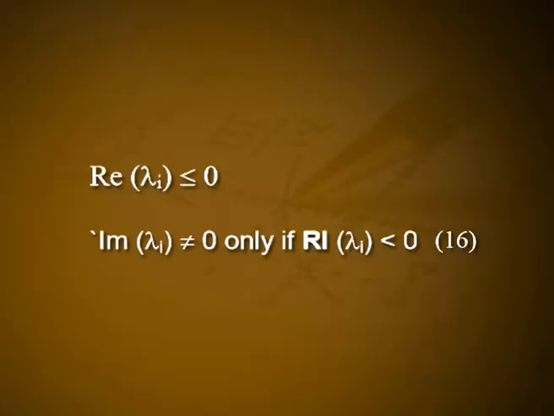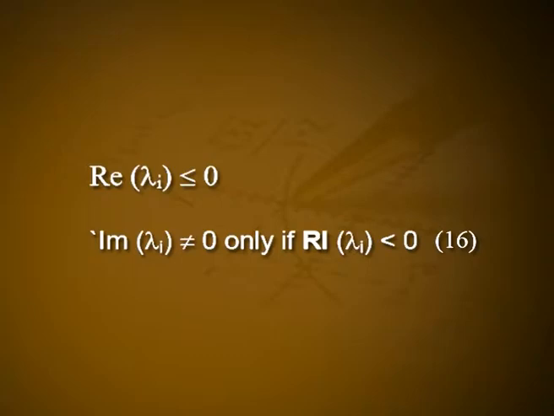Thus, if lambda_1, lambda_2, up to lambda_n are eigenvalues, then real part of lambda_i is less than or equal to 0, and imaginary part of lambda_i is not equal to 0 only when real part of lambda_i is less than 0.